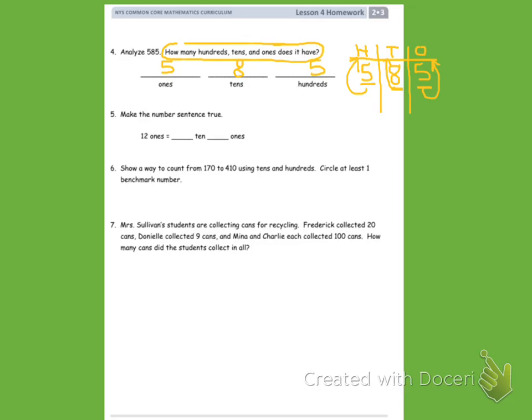For problem 5, we're going to do it much the same way. It says make the number sentence true. 12 ones is the same as blank 10 and blank ones. So have your student draw the place value chart. Label it ones, tens. Then place these numbers in the place value chart.